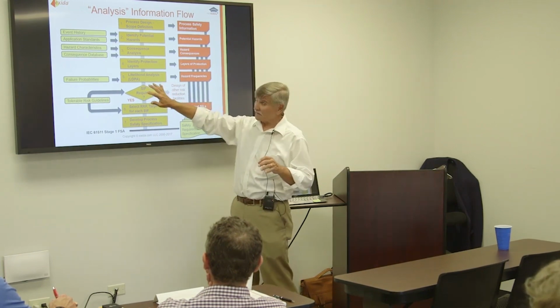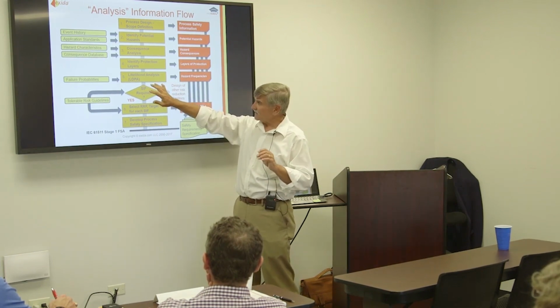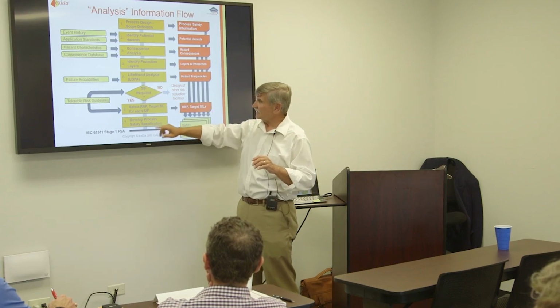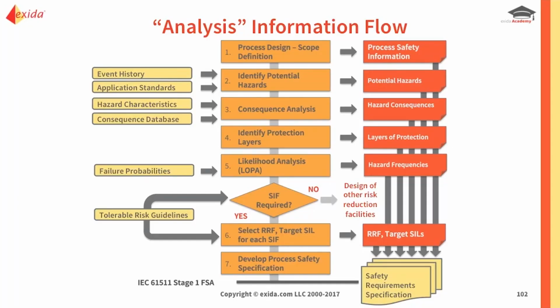If we do want an SIS safety function, we select the risk reduction factor, the target SIL level for each safety function, each. They're not all the same. Some hazards are worse than others.